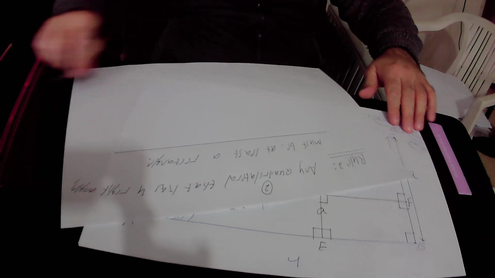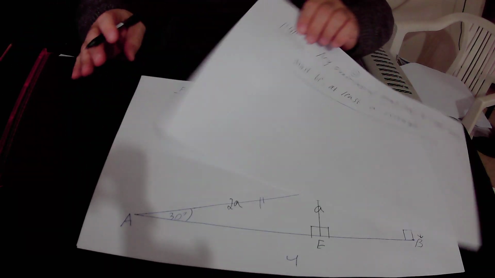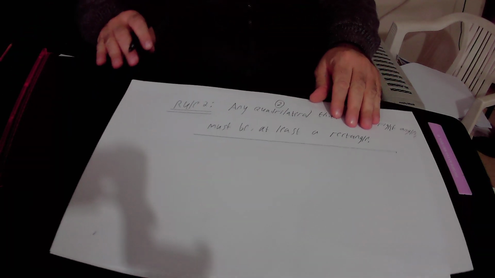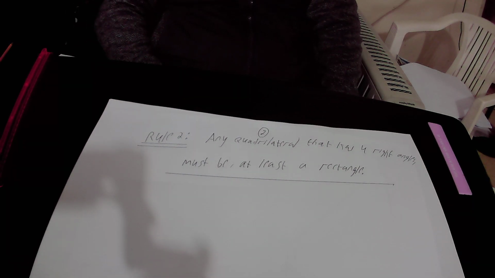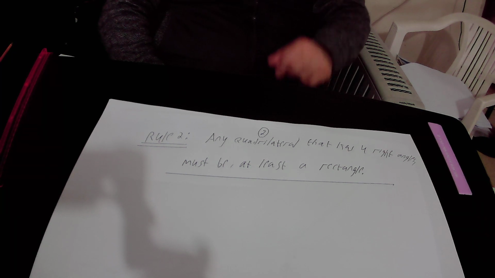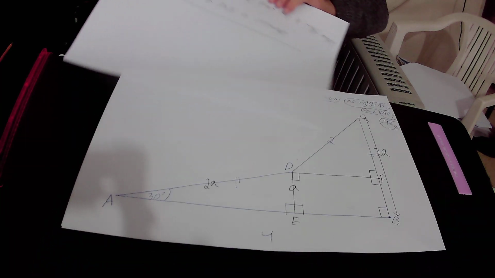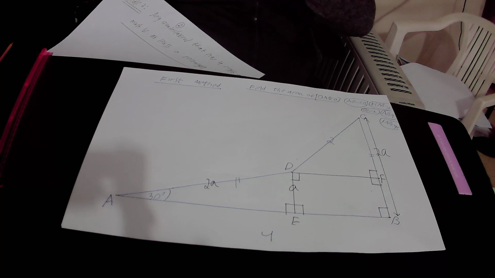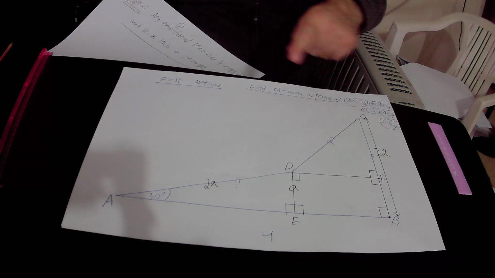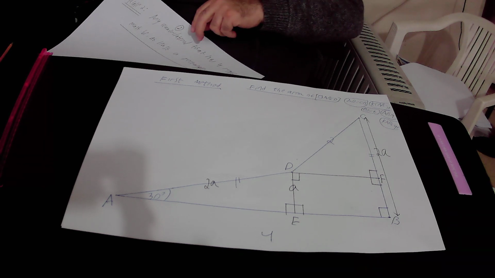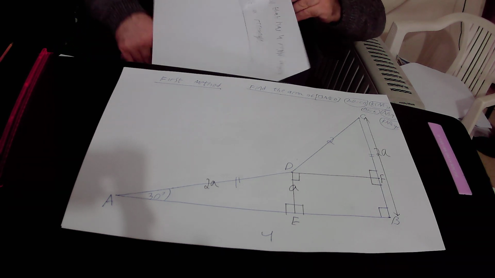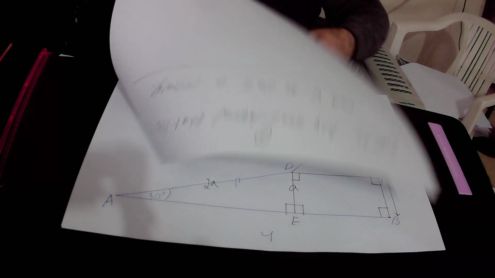So I will read rule number 2 again. According to rule number 2, any quadrilateral that has 4 right angles must be at least a rectangle. And because quadrilateral DFEB has 4 right angles, we will relate to quadrilateral DFEB as a rectangle.